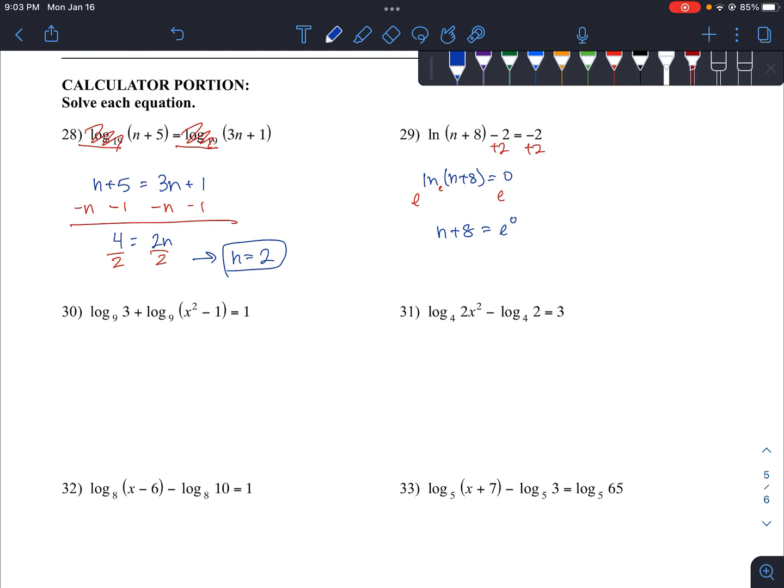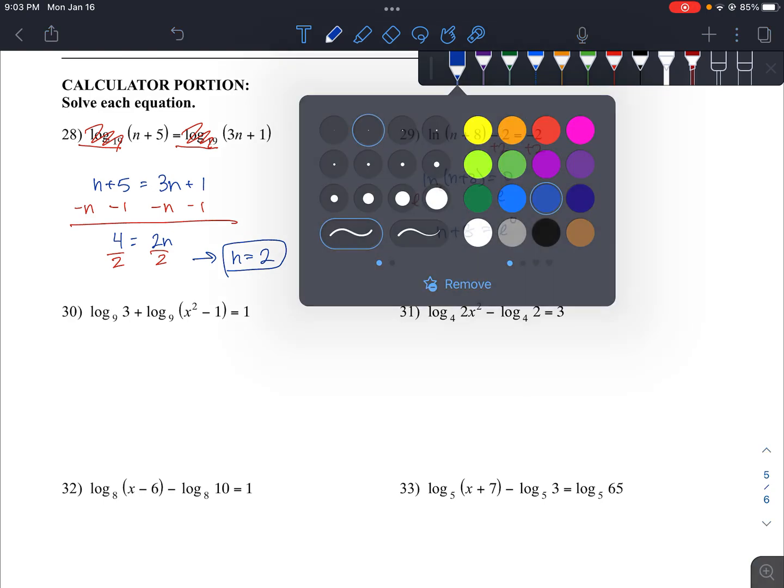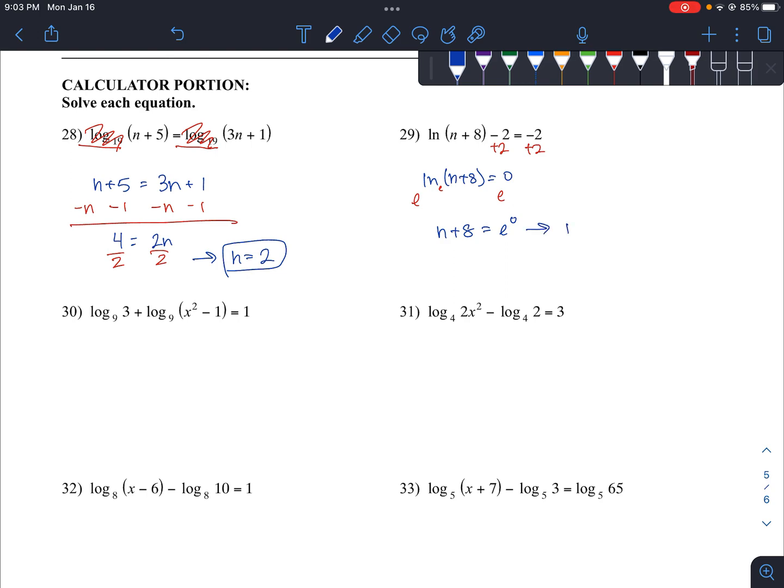Now e to the 0 power is equal to 1, so I'll have n plus 8 is equal to 1. I'll subtract 8, subtract 8, and I'll have n is equal to -7. And there you go.